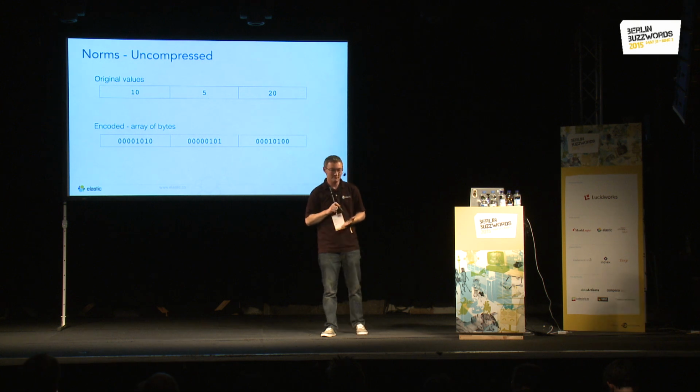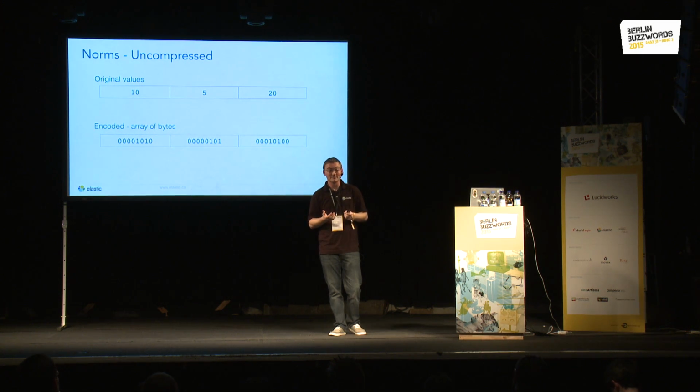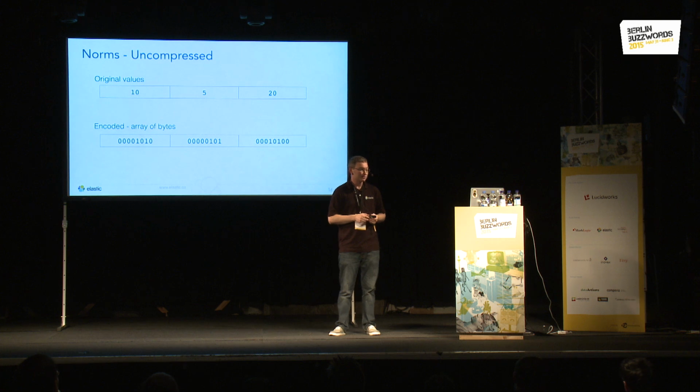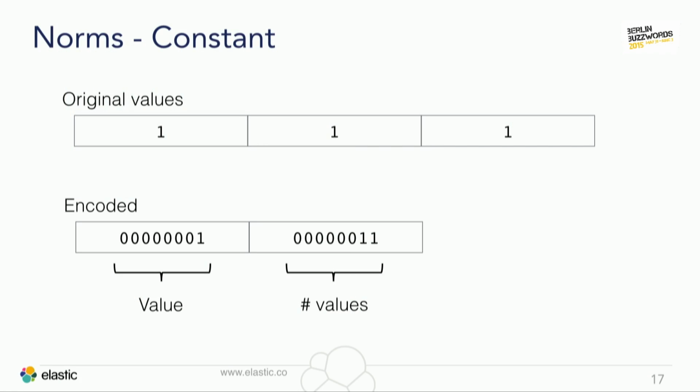So the first one is simple. This is just an array. So remember, we have an 8-bit float, so we know that all the values are 0 to 255. And so we just store an array of the values, essentially. Next is going to be constant.